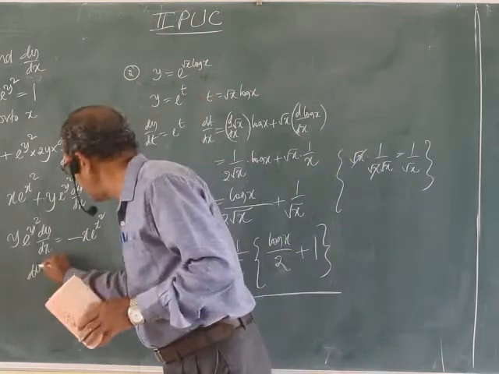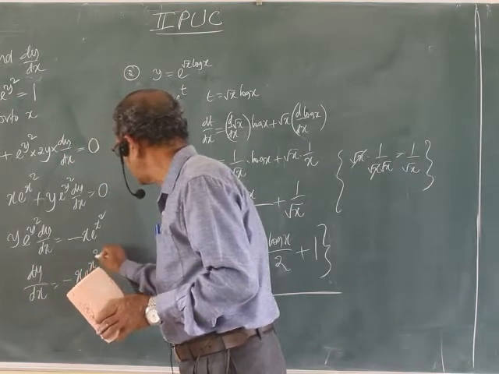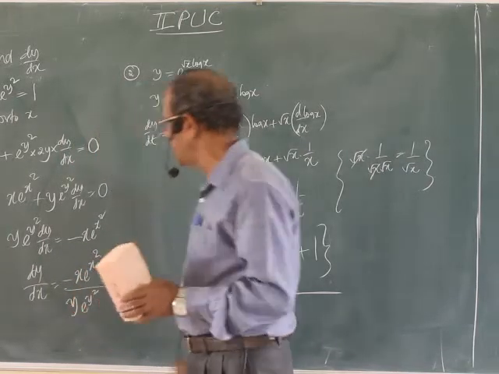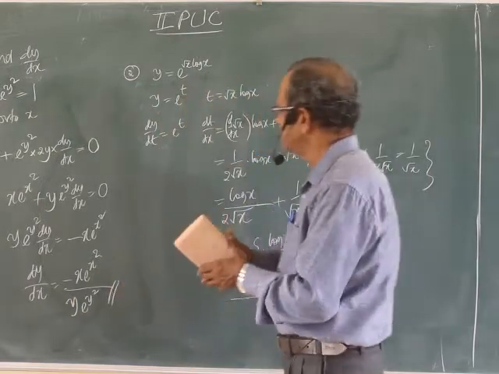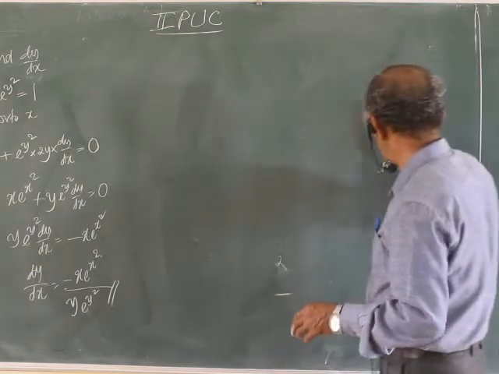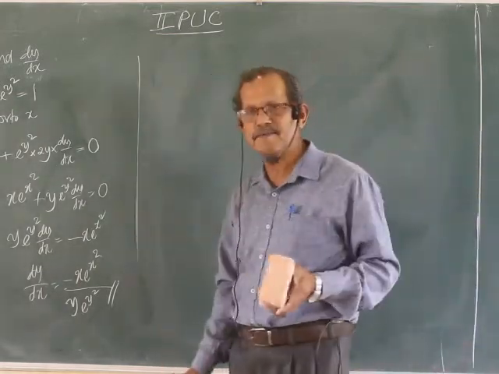Or dy by dx equal to minus x e to the power x square divided by y e to the power y square. Note the problem solution carefully. Implicit function, but e to the power is used there.